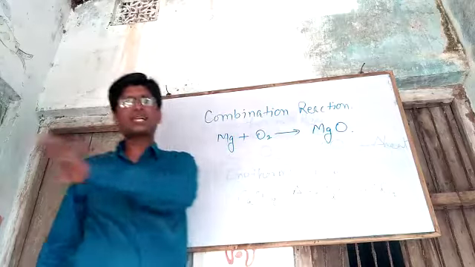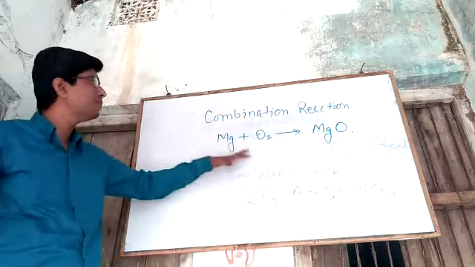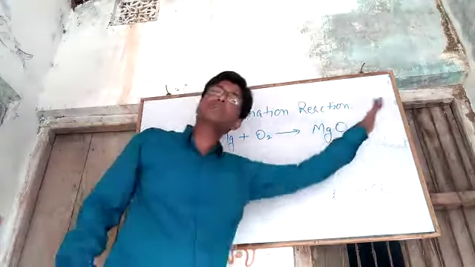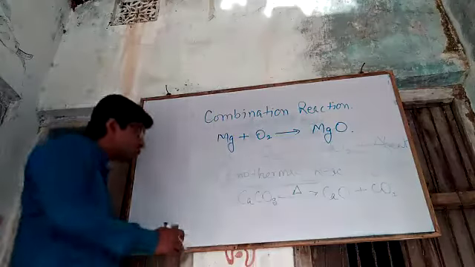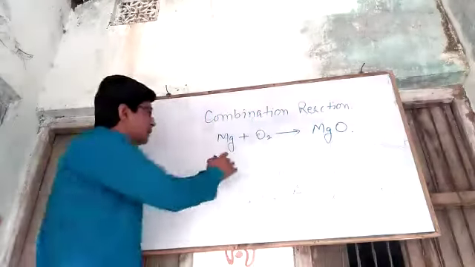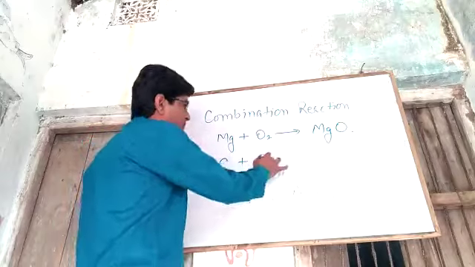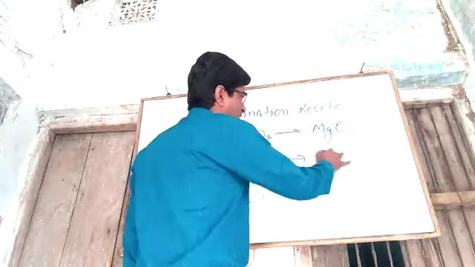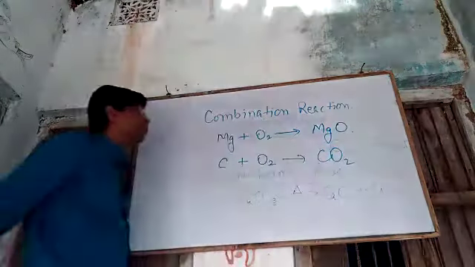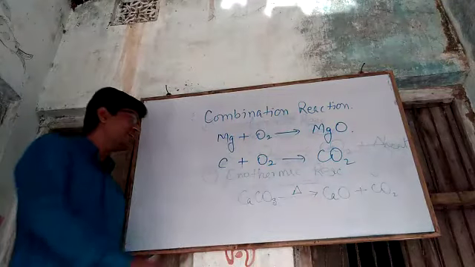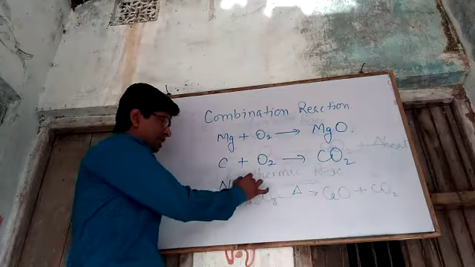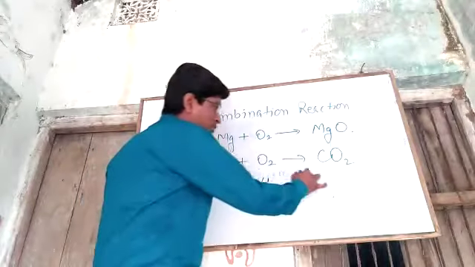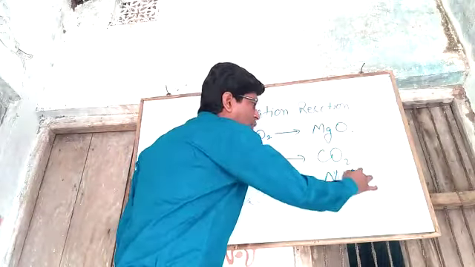However, some reactions are exceptions, but generally combination reactions are exothermic. Now we can take another example. When carbon is burned in the presence of oxygen, it produces carbon dioxide. This is also an example of combination reaction. When nitrogen gets combined with hydrogen, it produces ammonia gas.